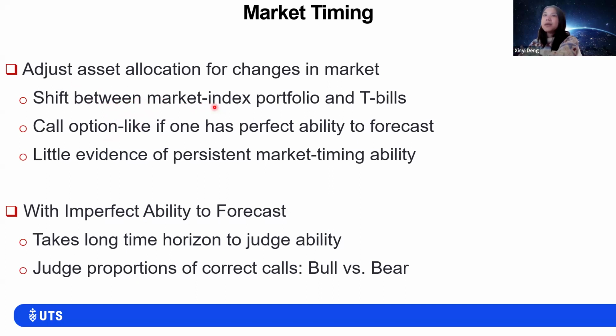So again, let me repeat myself. Our assumption here is that we define the perfect market timing as the ability to tell with certainty at the beginning of every year whether the S&P 500 portfolio, the market index portfolio, would outperform the strategy of rolling over 1 month T-bills throughout the year.